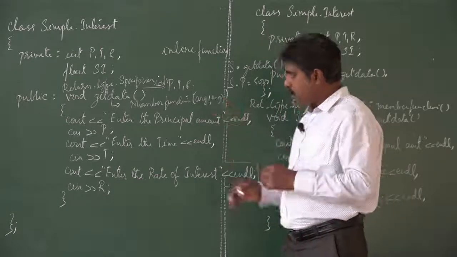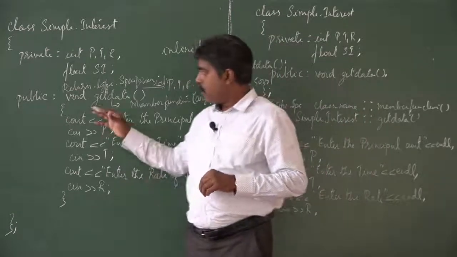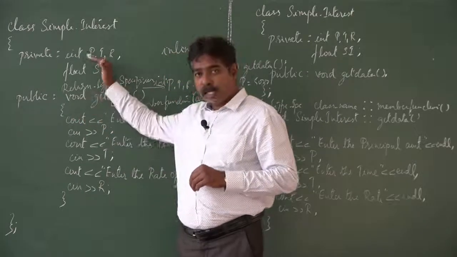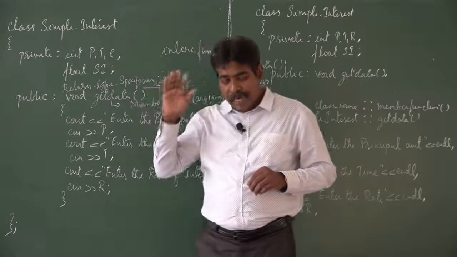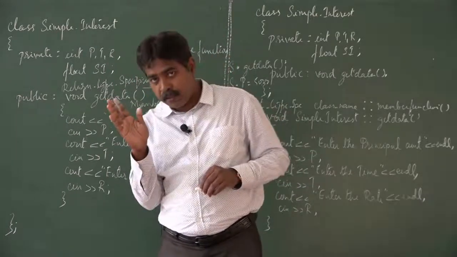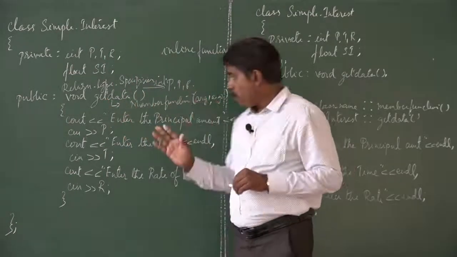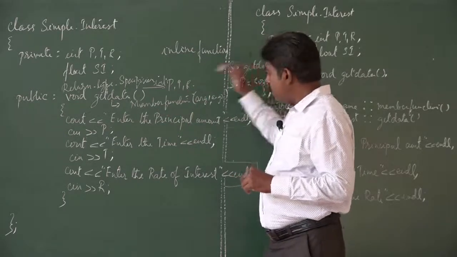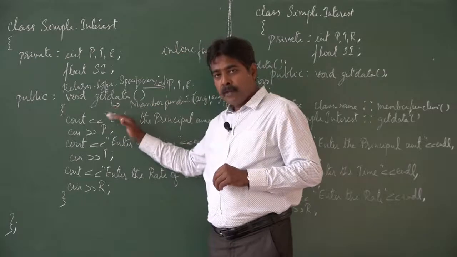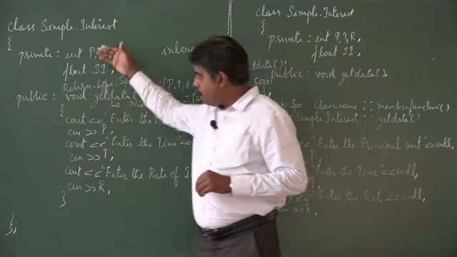So the context here is, if at all we want to access private members, they can be accessed through public. So public is getData, and in the public member function the private members have been used.